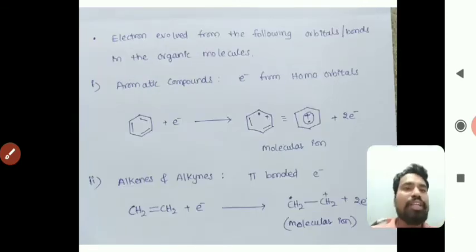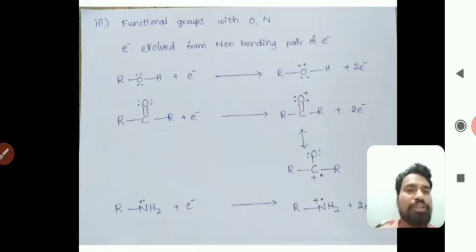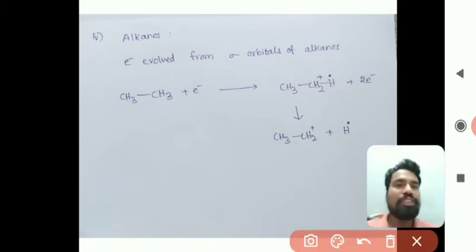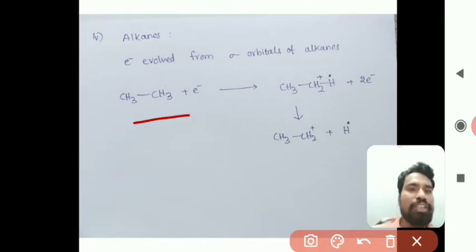So observe here, in the case of aromatic compounds and alkenes, a pi-bonded electron will be evolved, and in the case of oxygen and nitrogen, a non-bonding pair of electrons is evolved. In the case of alkanes, as we know, alkanes have only single bonds, nothing but sigma bonds, so the electron evolution takes place from sigma-bonded electrons. Here this is ethane.